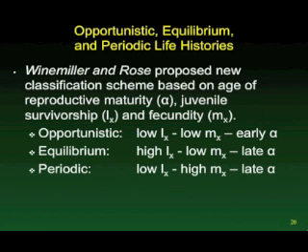Winemiller and Rose proposed an alternative strategy to those that we've been talking about. They talk about opportunistic, equilibrium, and periodic life history strategies.